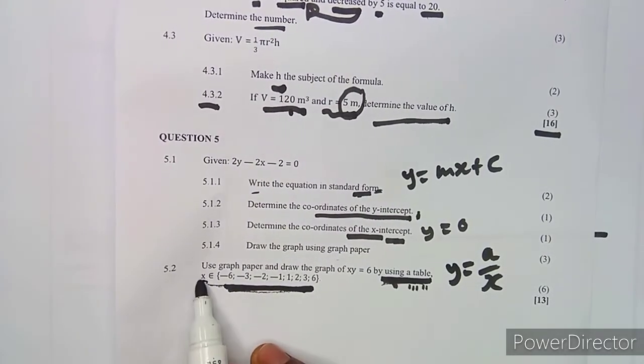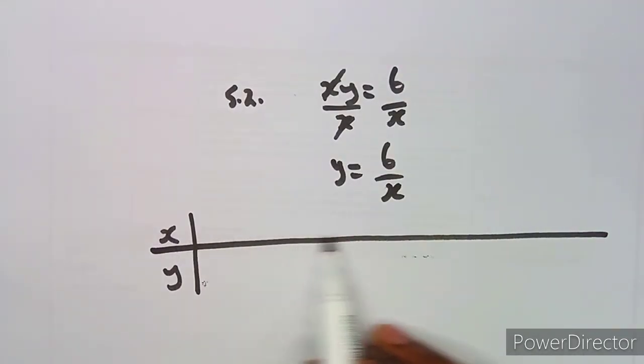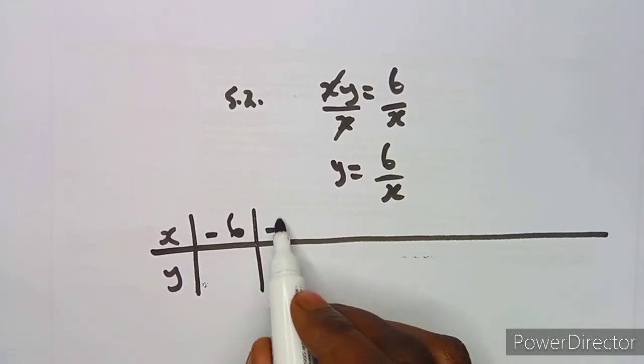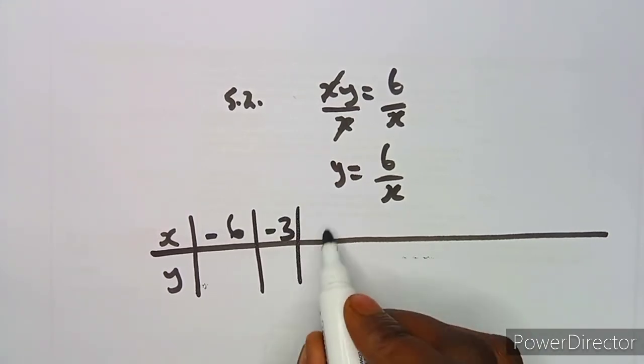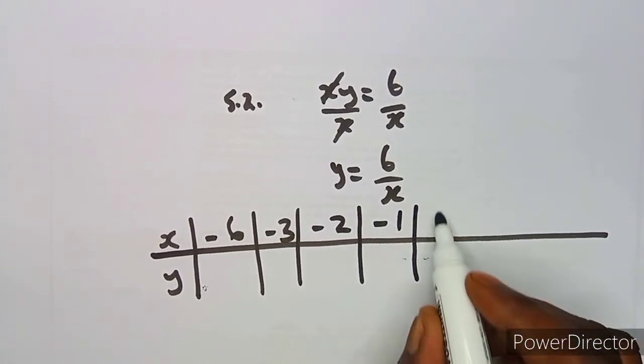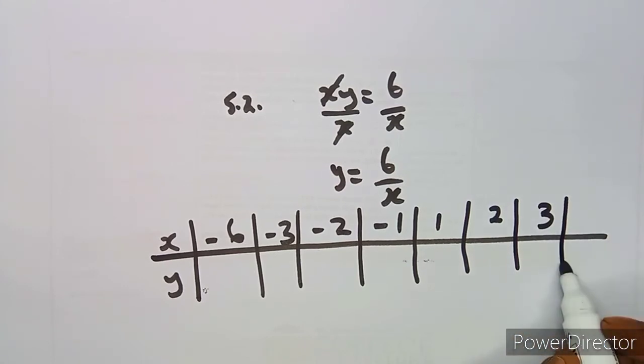Write these values because these are the elements of what? Of x. These ones are elements of x. So you write them here on x-axis. Okay, so it's minus 6, minus 3. You just write the ones that you're given: minus 2, minus 1. We have got a 1 in this case, a 2, a 3, and a 6. These are the values that you are given.